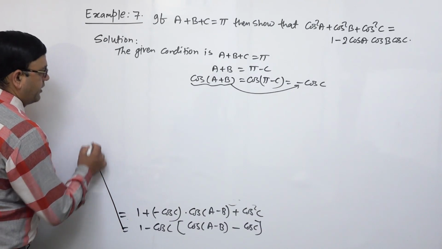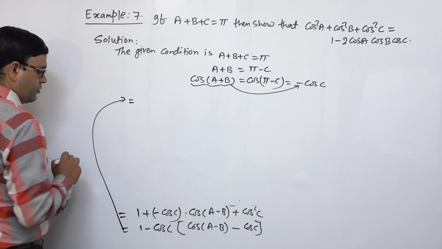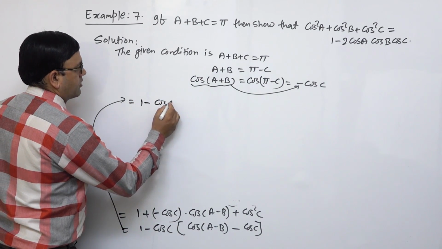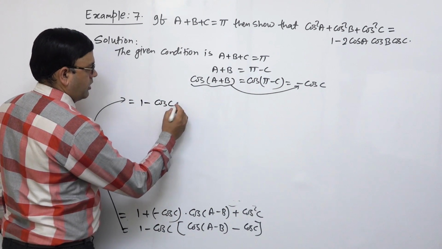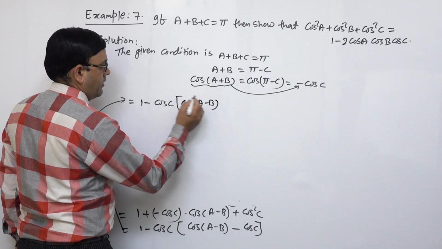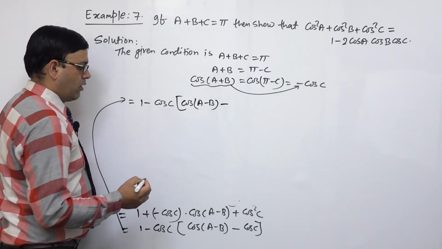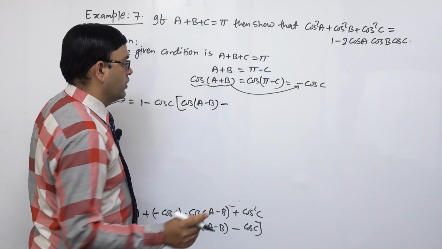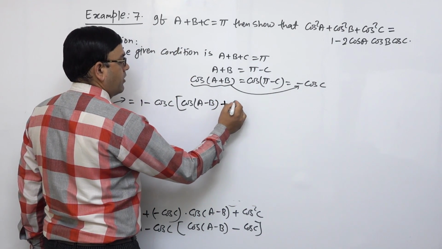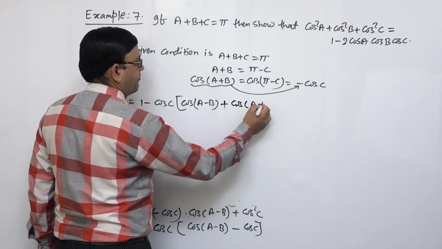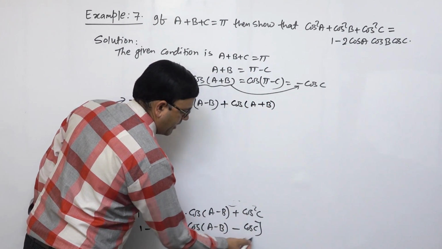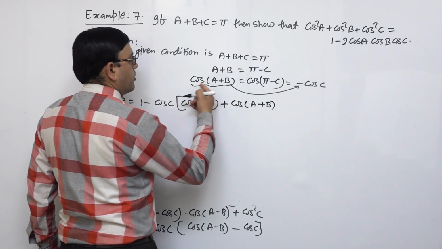Now this is equal to 1 minus cos C times cos A minus B times minus, what is the value of minus cos C? Here minus cos C is cos A plus B, so we can write plus cos A plus B, because instead of minus cos C, we wrote cos A plus B.